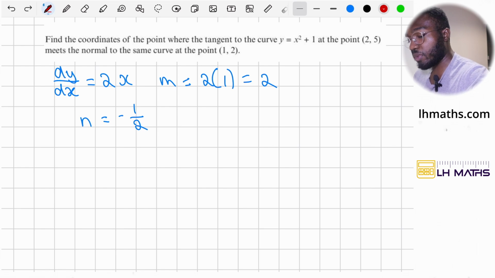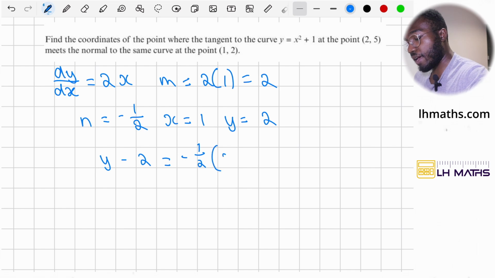Now for this question, we have n as minus a half, x as 1, and y as 2. Again, we work out the equation. That'll be y minus 2 is equal to minus a half of (x minus 1).